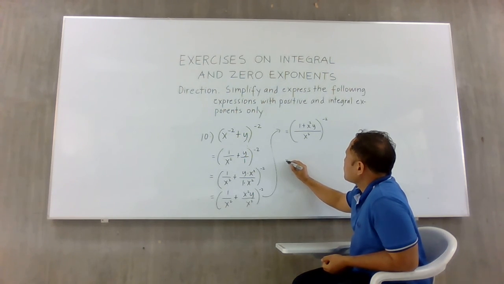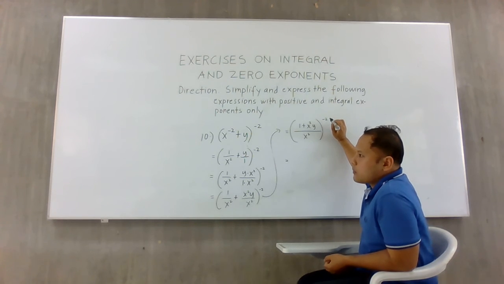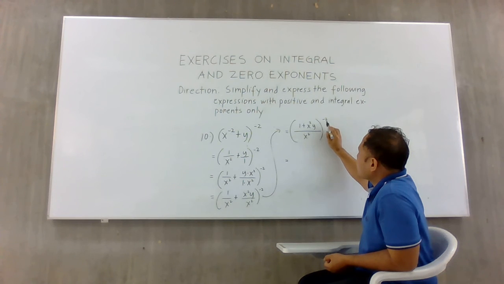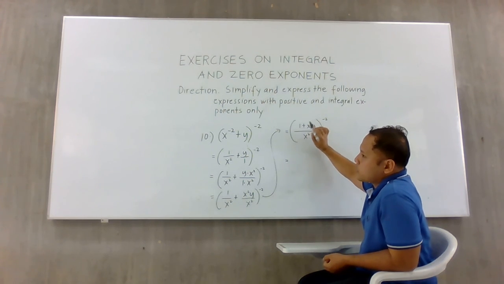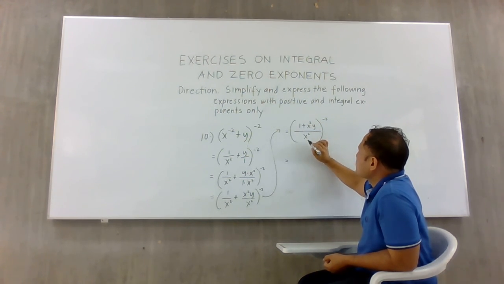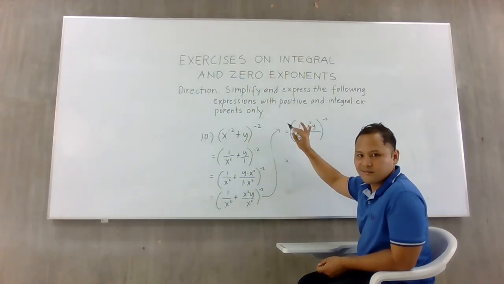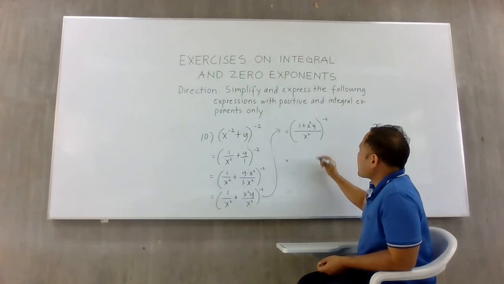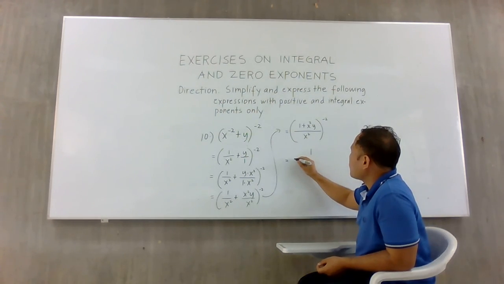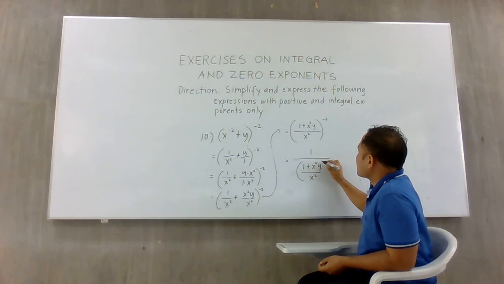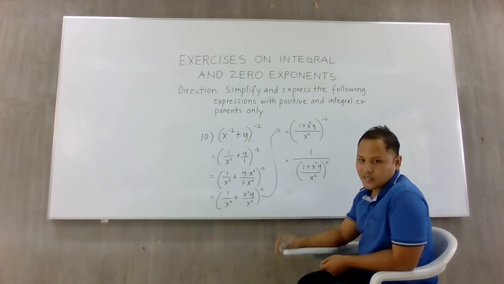So how do we solve this problem? You cannot readily apply this negative 2 to the numerator because this is not a pure multiplication. So you can reciprocate the whole expression. What happens is it becomes 1 over 1 plus x squared y over x squared, and the exponent is already positive.